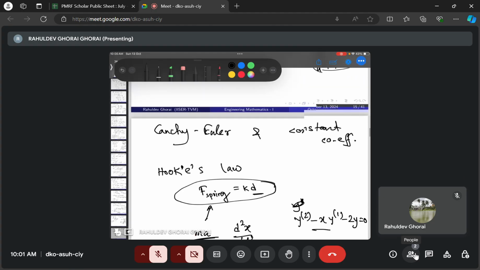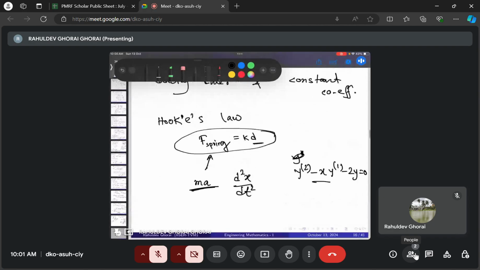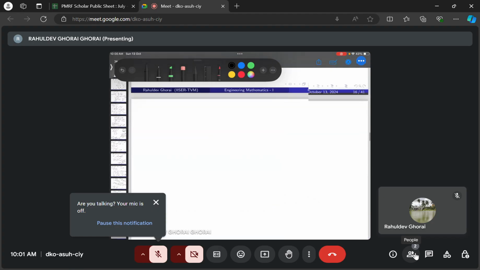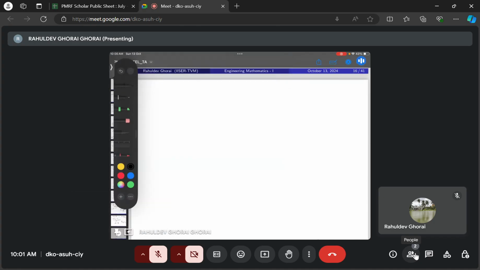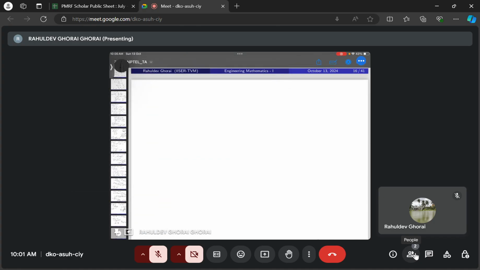And complex roots, why we get e to the ax times a cos bx plus b sin bx, that also we have shown. And we talked about an application like Hooke's law, where the second order differential equation comes up very easily in a simple physics experiment.